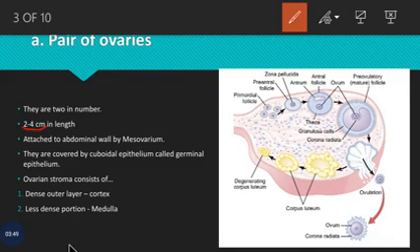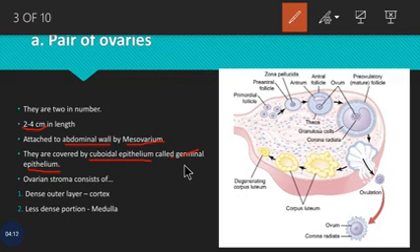These ovaries are attached to the abdominal wall by a ligament called the mesovarium. The ovary is also covered by a cuboidal epithelium, called the germinal epithelium.